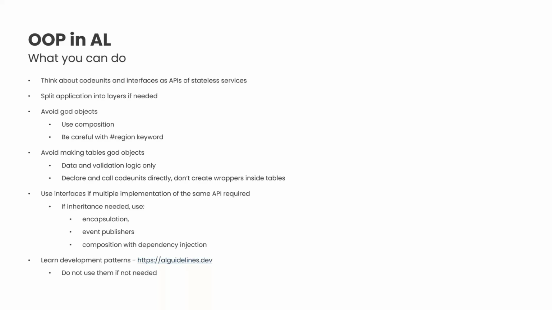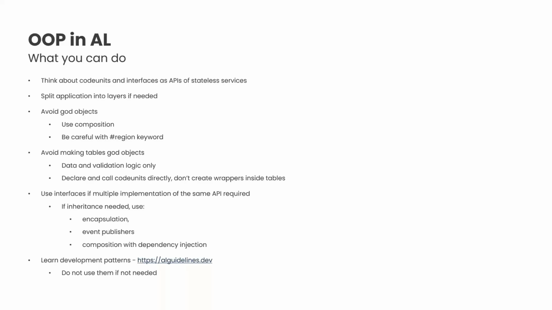And we should also avoid making tables God objects. Let's keep just data fields in a table and the validation logic only. But if we have any methods that operate on those tables, then it should be a service. We should not create a method in the table that will call the code unit. Let's call the code unit directly in our code.